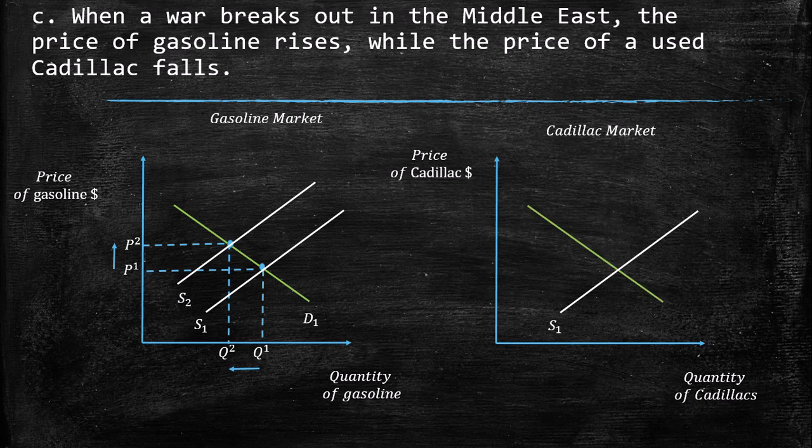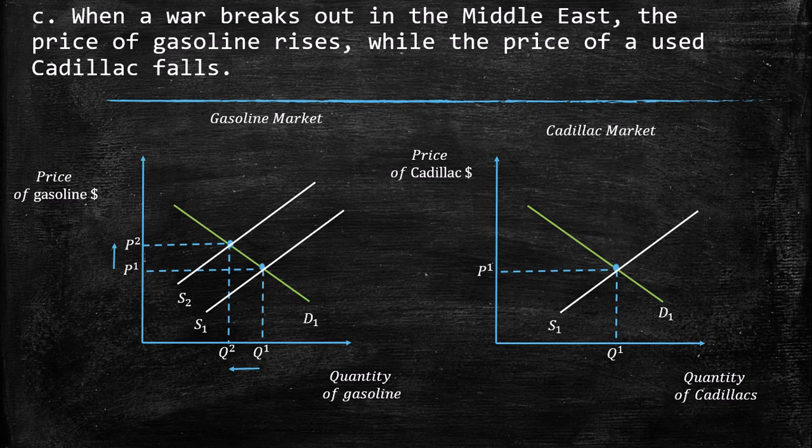So what about the Cadillac market? Here is the equilibrium, which is Q1 and P1. So how can we think about it? Cadillacs are cars, so they need gasoline. So we can think about gasoline and Cadillac cars as complementary goods.